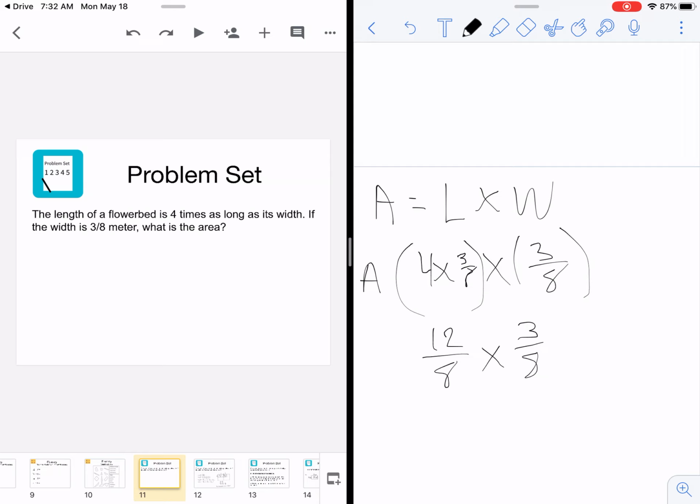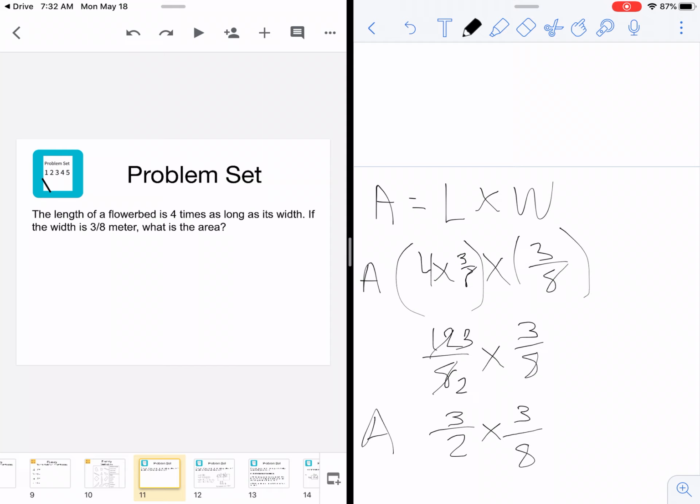Or, nope, not 8 goes into 12. What we're going to do is we're going to take 4. The number 4 goes into 8 2 times. It goes into 12 3 times. So now we have 3 halves times 3/8. What we did was we made 12/8 smaller. Well, the numbers smaller.